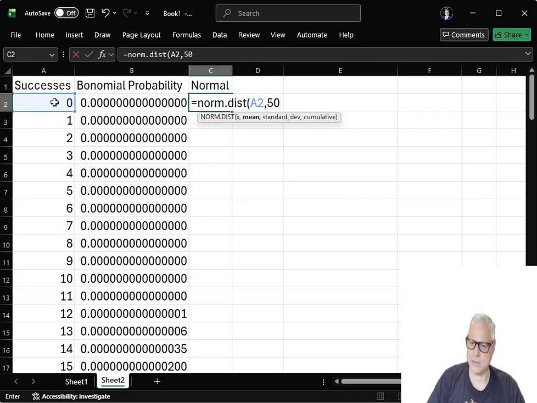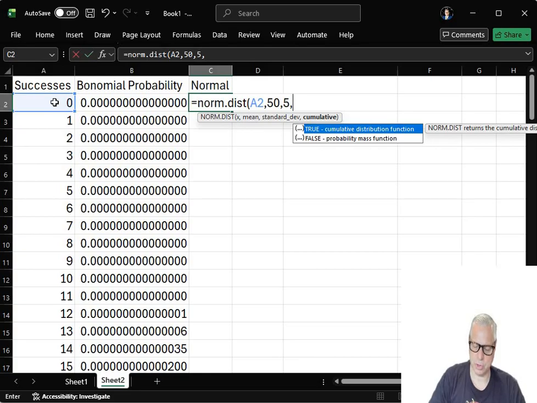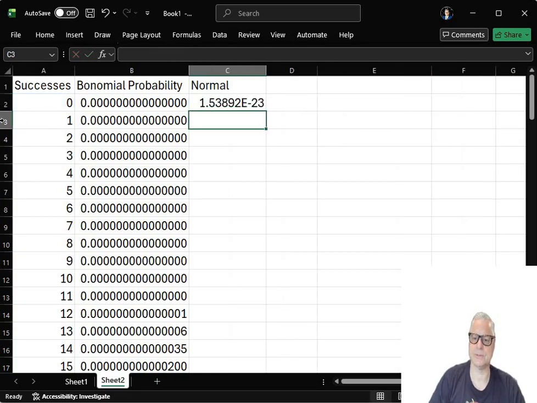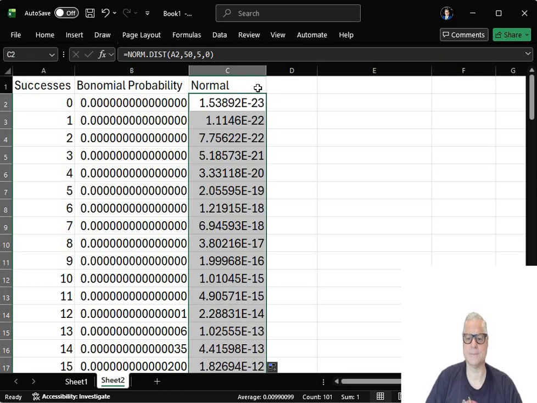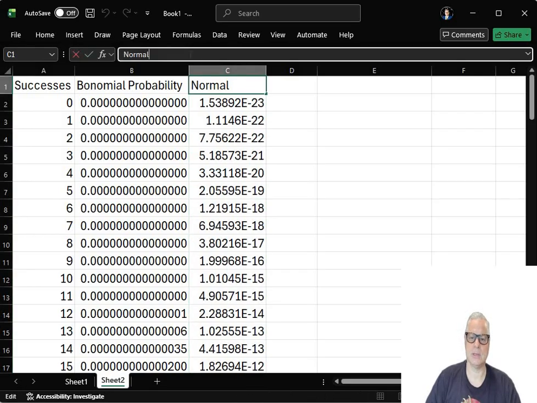So now we enter 50. And what's the standard deviation? Well, that's 5. And again, we don't want it cumulatively because we want to see the actual distribution. Okay, so now we get this value and we can just drag it down again. So this is the normal distribution. That's the approximation.